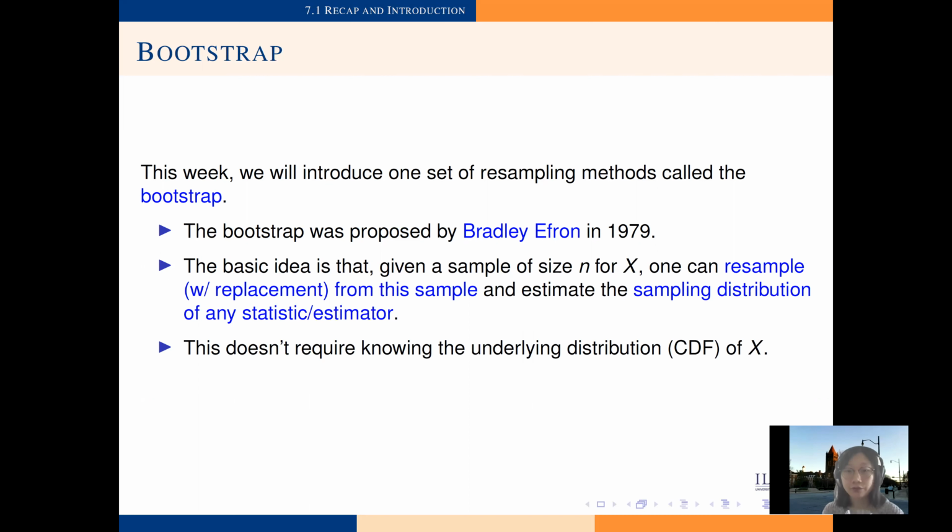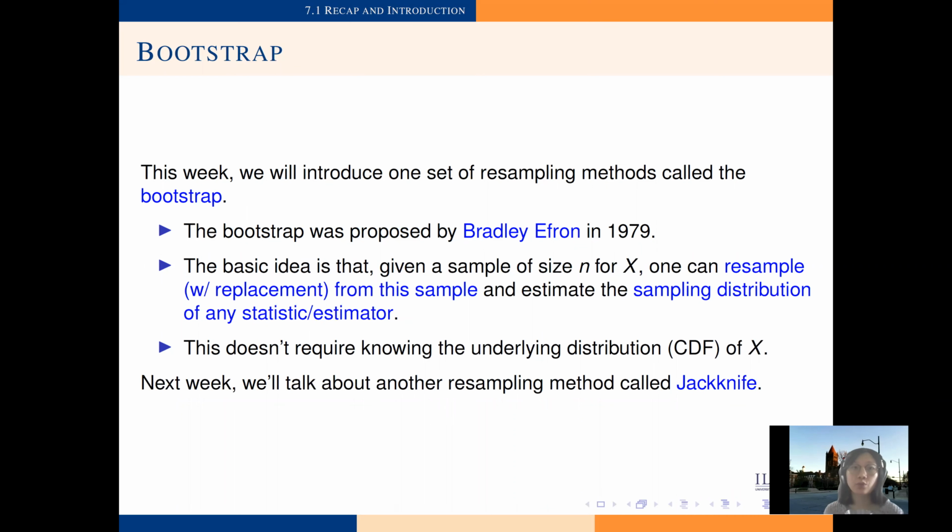And this does not require knowing the underlying distribution or the CDF of X, because we're just drawing samples from the finite sample of size n we have. We're not really directly using fx when we draw the random samples.